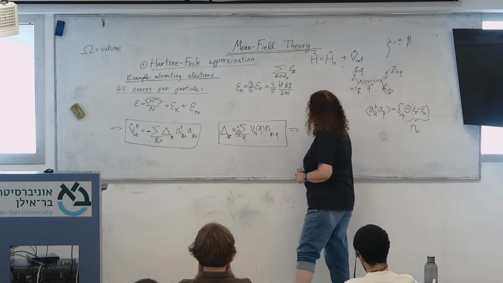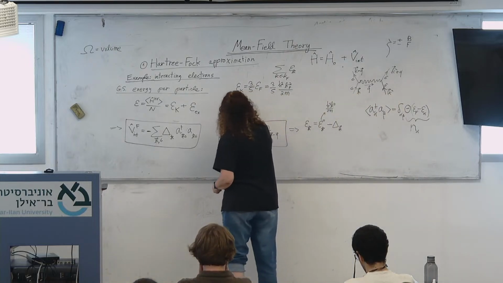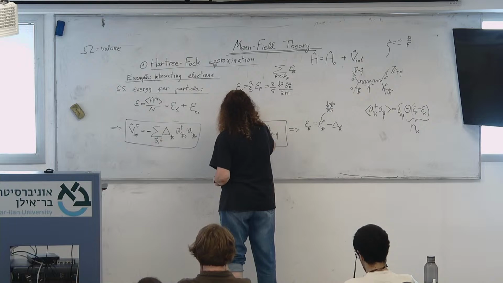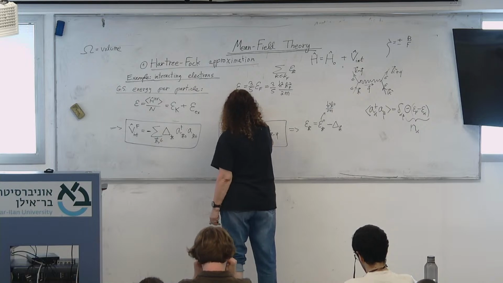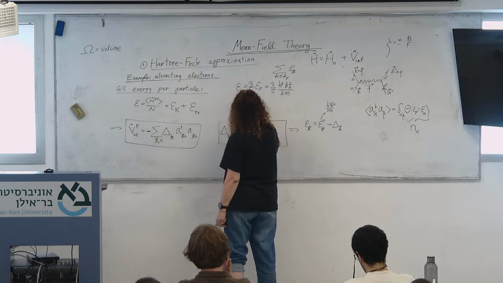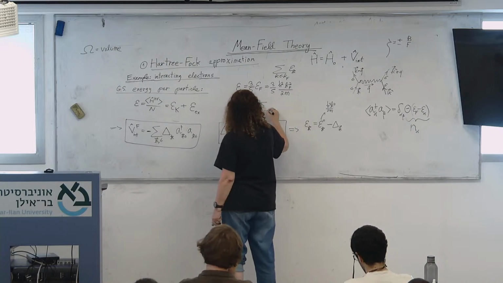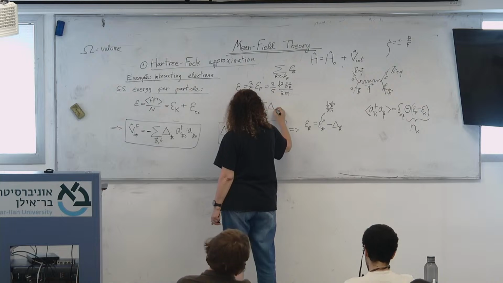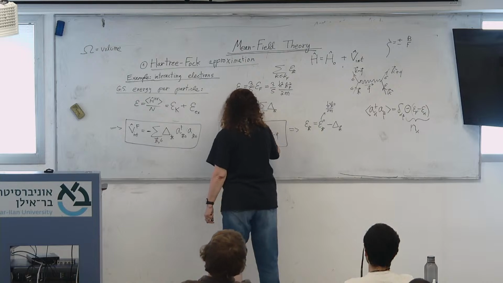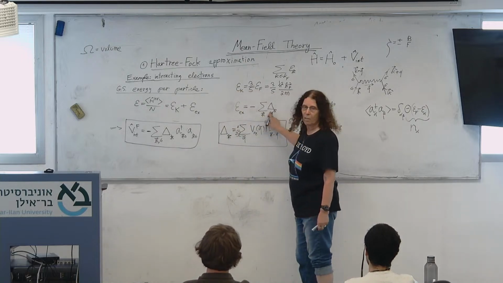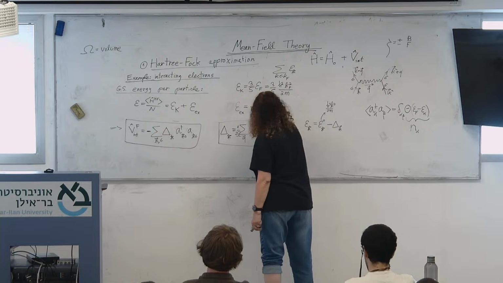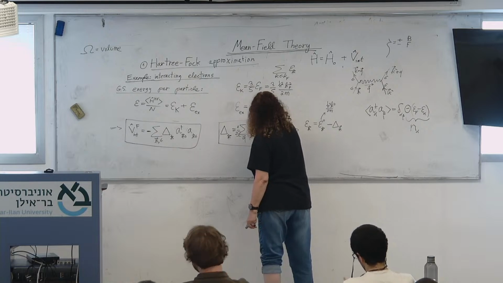Okay. What is the exchange energy? So once again, it's a minus sum over k of deltas, where k is again smaller than kf.